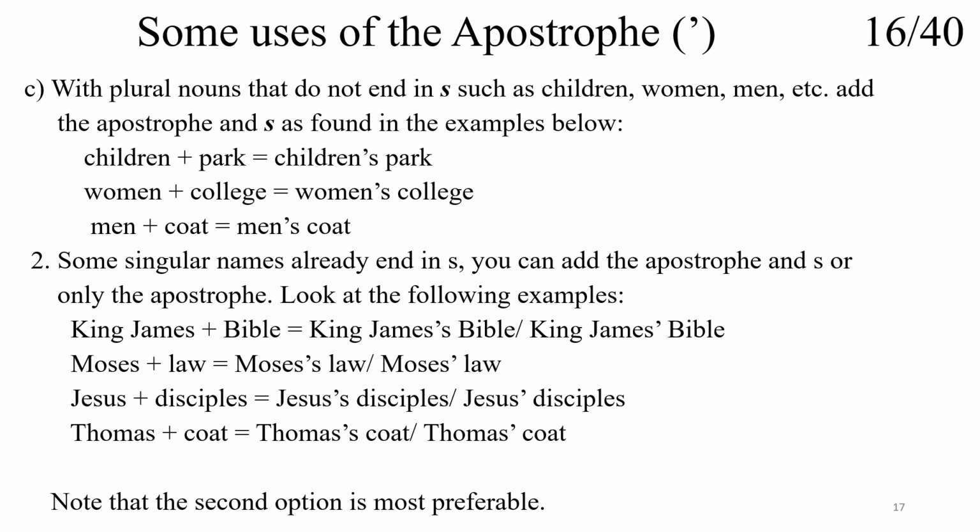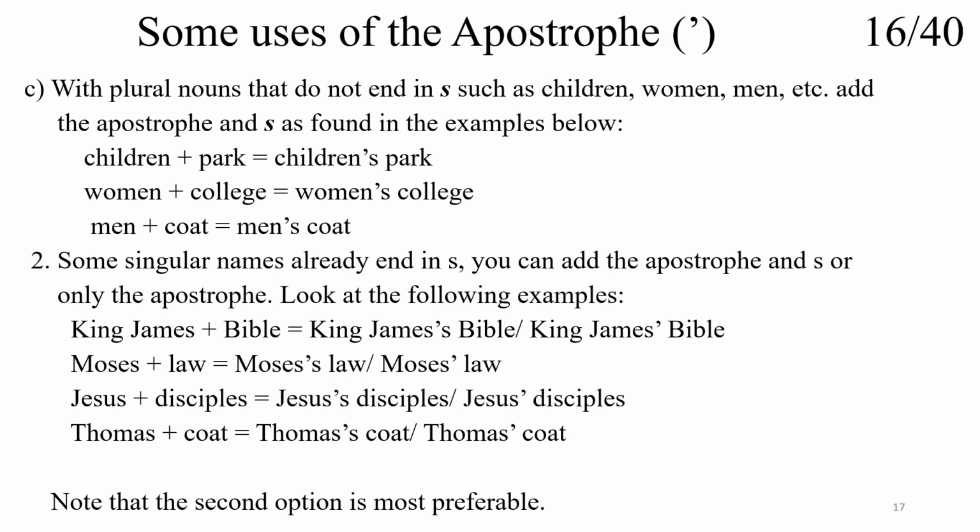So here we have children plus park will give us children's. You can see where my apostrophe is and where my S is. Children's park. Women plus college will give me what? Women's college. Men plus coats will give me what? Men's coats. So that is another use of the apostrophe.